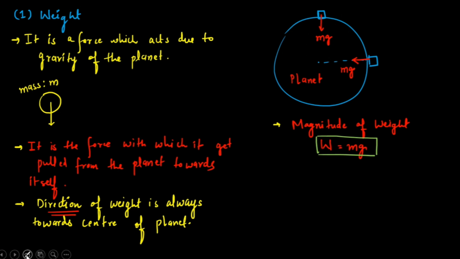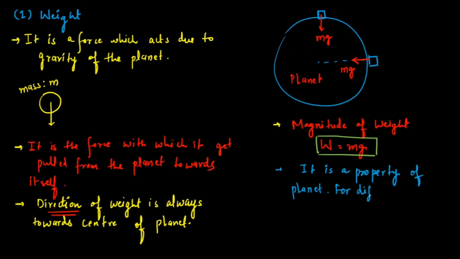Similarly, we need to understand that it is a force which acts due to the planet's gravity, so it is a property of the planet. For different planets, g is going to be different.